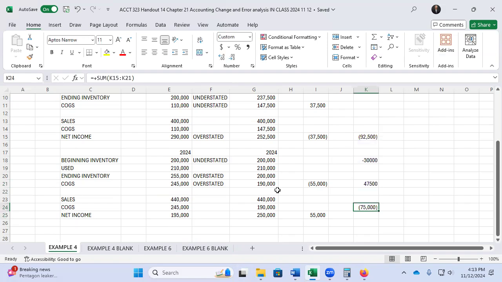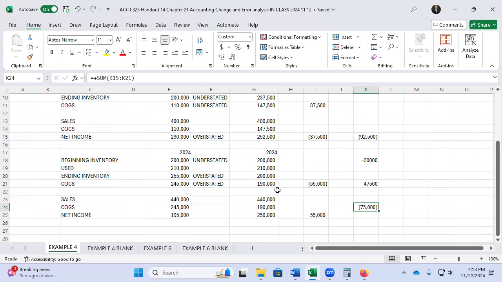The only way that I could get it to make sense to me is to try putting it into financial statements. And I know that this would take too long to do on an exam. So you may have a tough one on your question, but this is how I was able to come up with it and figure it out. Where it says overstated and understated was what they had given me, and then I just put in some hypothetical numbers.